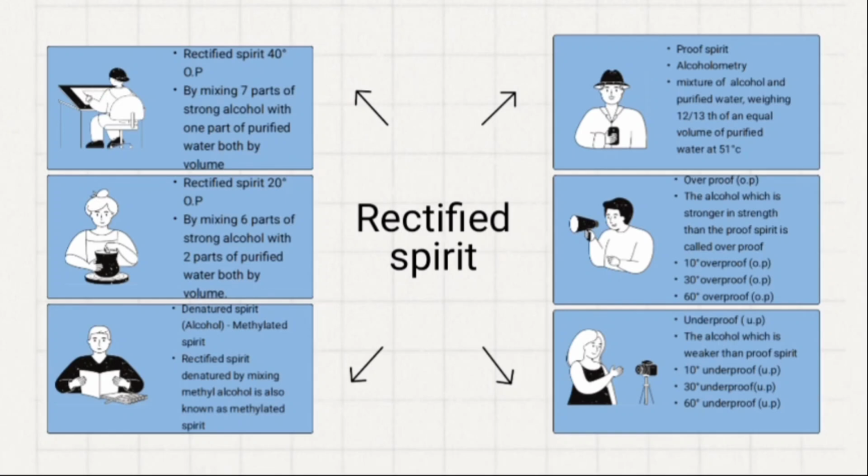The alcohol which is weaker than proof spirit. 10 degrees underproof contains 100 volumes of rectified spirit, which is 90 volumes of ethyl alcohol and 10 volumes of purified water. 30 degrees underproof contains 30 volumes of water and 70 volumes of ethyl alcohol. 60 degrees underproof contains 60 volumes of purified water and 40 volumes of ethyl alcohol.